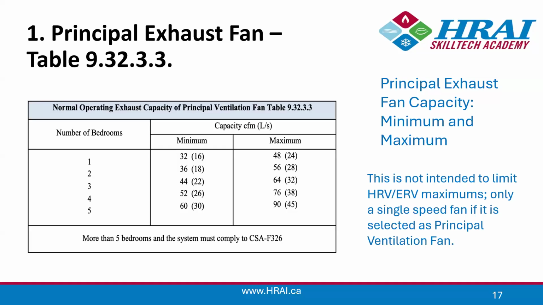So the numbers are very similar to what we were using before, except that now we have a range. If you're doing a heat loss and cooling load, typically we would use the maximum number in the range. So if I'm doing a 3-bedroom home, I'm going to be using 64 in my heat loss cooling load calculations.